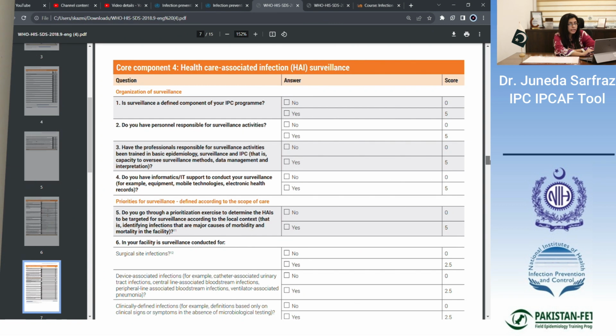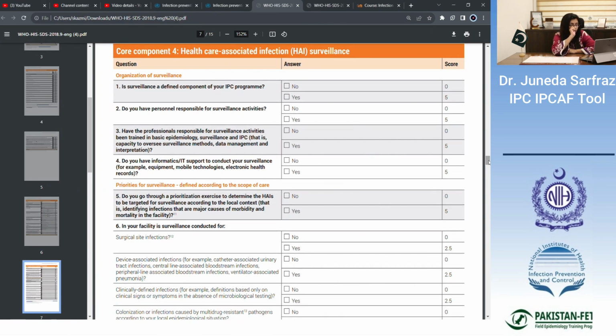The fourth one is healthcare associated infections. These again have different kinds of priorities and different kinds of questions. For example, in question number 6, you can see that it asks whether in your facility surveillance is conducted for different kinds.